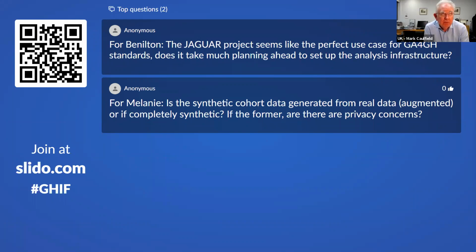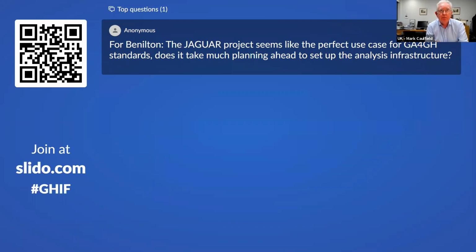Thanks, Melanie. And Benilton, for you, the Jaguar project seems like a perfect use case for GA4GH standards. Does it take much planning ahead to set up the analysis infrastructure? Actually, I don't think so, Mark. This is something where we could make use of public data sets, for example, to set up the analytical part.